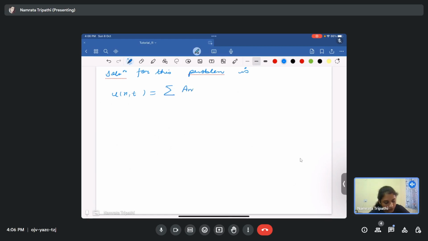What will be sine or cos? Sine, ma'am. Okay, because in the boundary condition they are not insulated ends, they are free ends at zero. So sine will be there, and e to the power minus n pi by L, which is 2, whole square c square into t. So this is the solution.